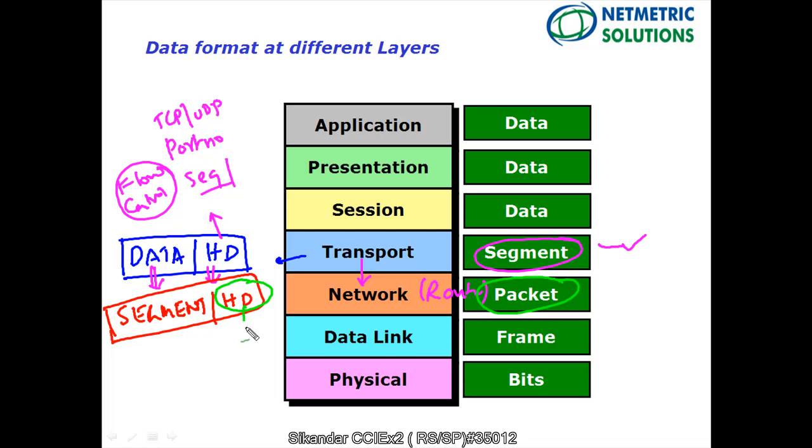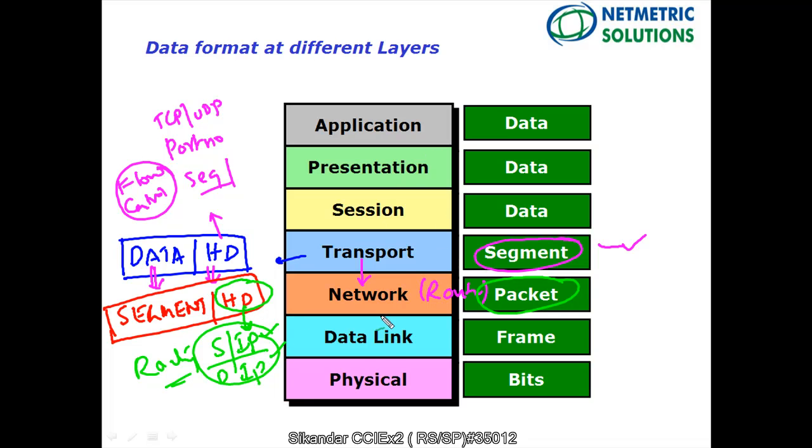This header has information about where the packet is coming from: the source IP address and the destination IP address. Because routing happens in the network layer, the router should know where the packet is coming from and where it has to go.